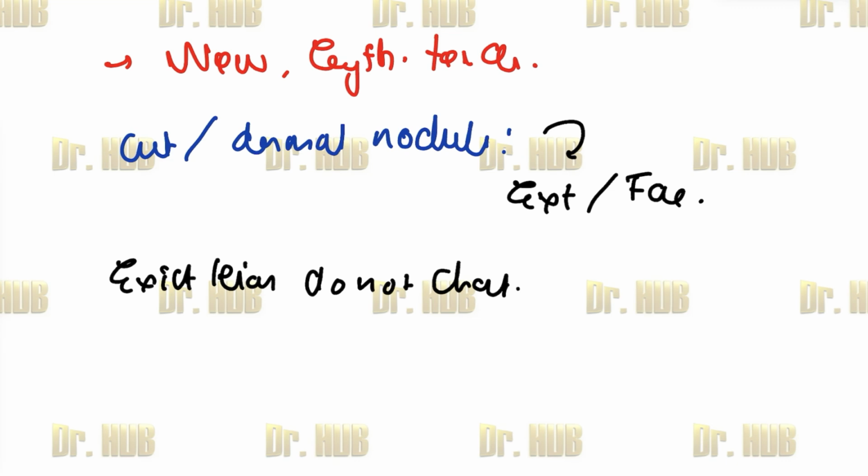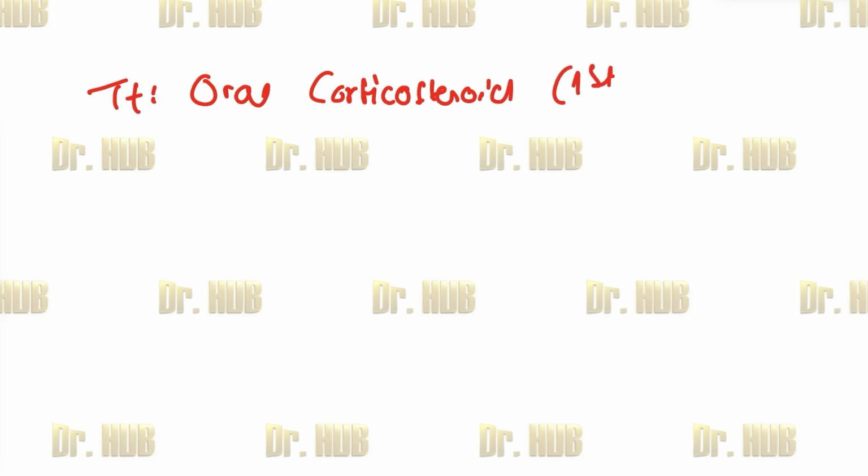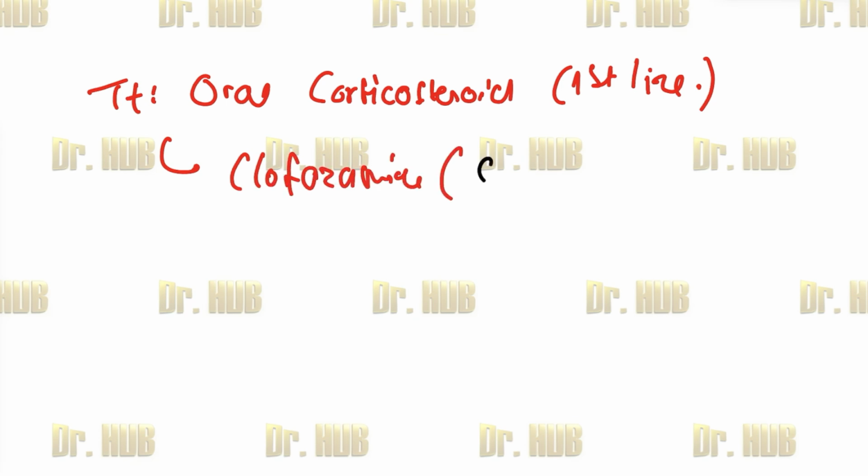Next are the treatment aspects. On treatment, oral corticosteroids is a first line drug. Next, the other drugs include clofazimine, for steroid dependent ENL.